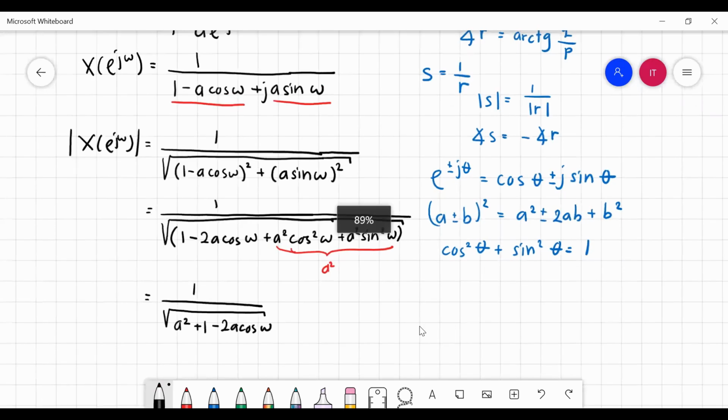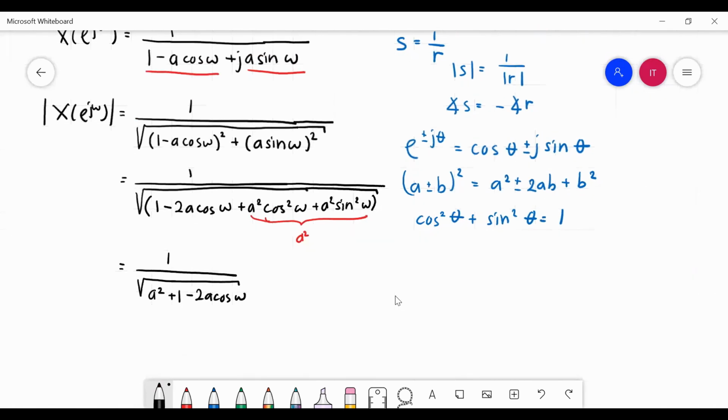And then to continue we want to compute the angle, and for that we use this equation.